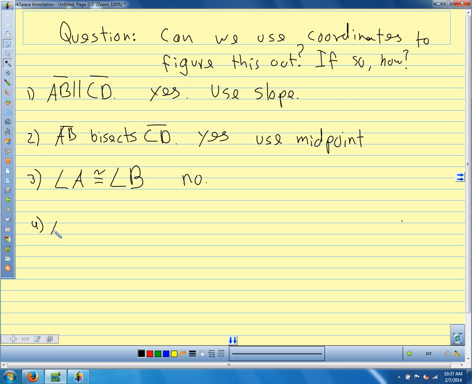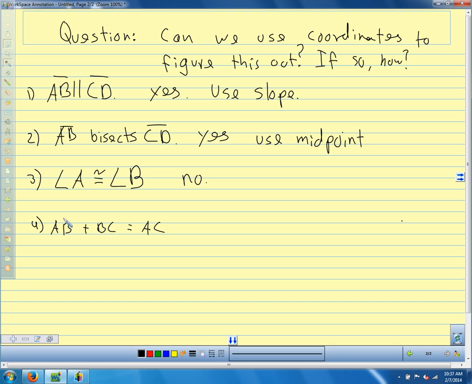How about AB plus BC equals AC? So first off, what is AB? What is that telling us? What is that quantity? It's a segment. What does it have to do with a segment? Without the bar on top, what are we talking about? What part of the segment?